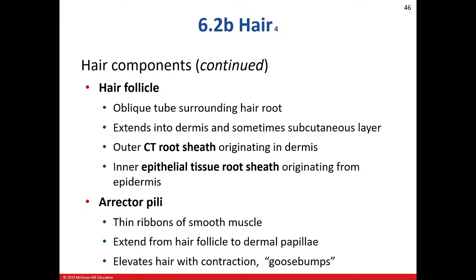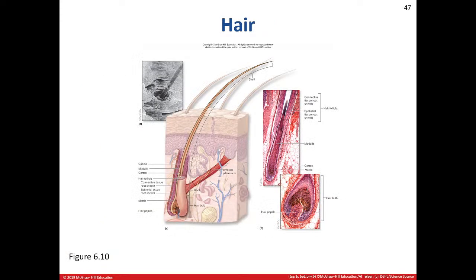And it has an inner epithelial tissue root sheath that comes from the epidermis. Then lastly here we have the erector pili muscle, which is that thin ribbon-like smooth muscle that when it contracts it pulls the hair up, and it's responsible for quote-unquote goosebumps or goose pimples.